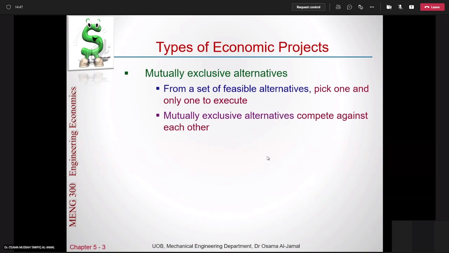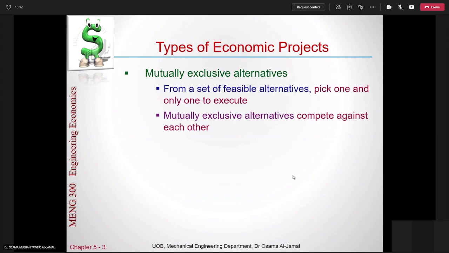But for the time being, you are going to do nothing. Do nothing. So do nothing is one of the alternatives. It's a hidden one with no calculation, zero investment, zero revenue, zero salvage, zero everything. How much are you going to gain? Nothing. This is the do nothing.